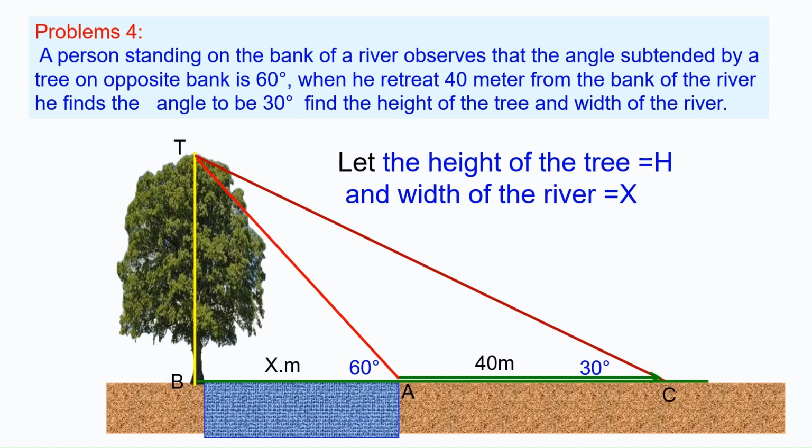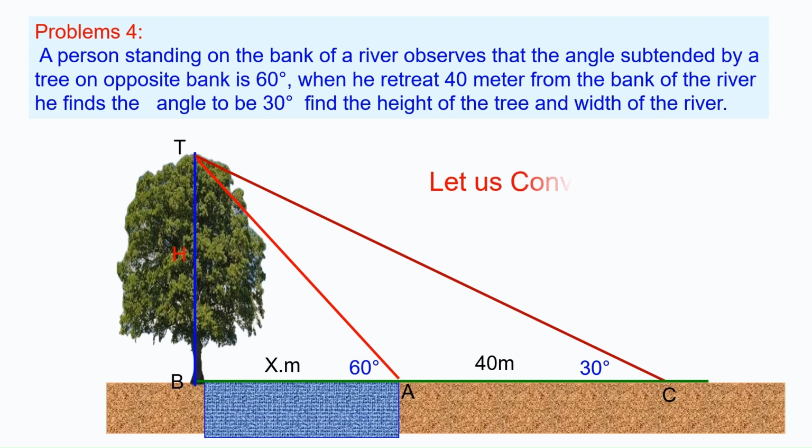Let the height of the tree equal h, and the width of the river equal x. All distances are in meters.